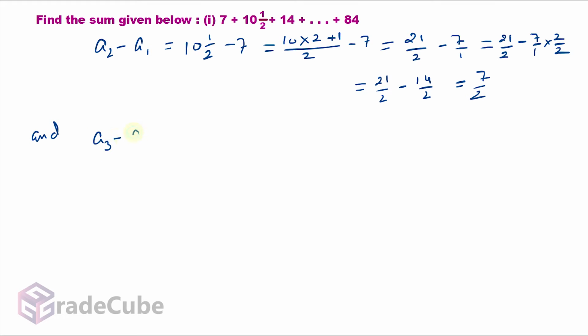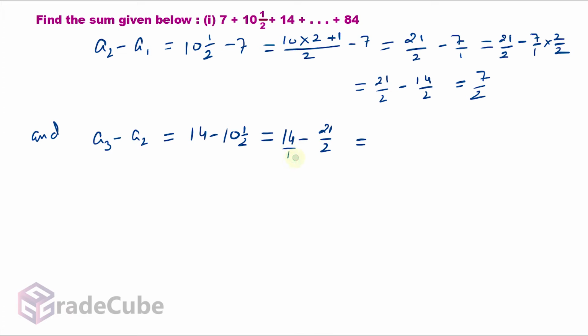A3 minus A2 will be equal to A3, which is 14, minus A2, which is 10 1 by 2. Again same procedure. We can directly use this solved value of 10 1 by 2, which is 21 by 2.